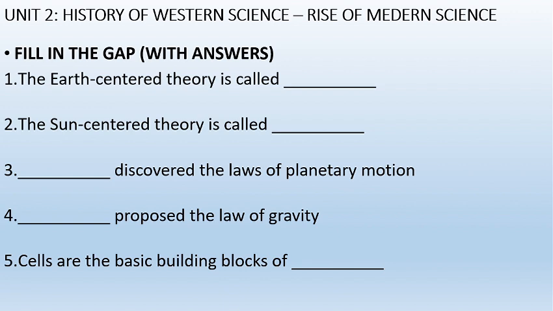So number five, cells are the basic building block of Dash. The cells that we have in our body now, they are the basic building of what? Of the body, sir.